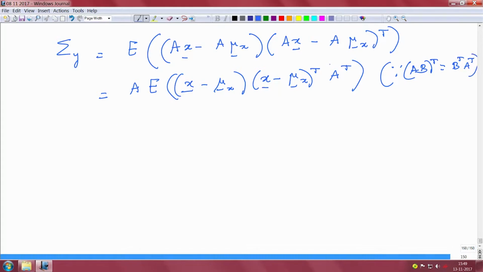Now, I think this brace must be here, okay. This is A times sigma x times A transpose. This is how we would compute the covariance of y.